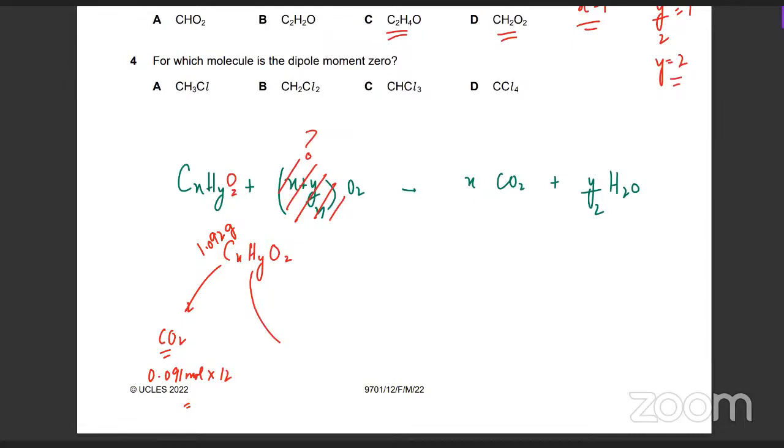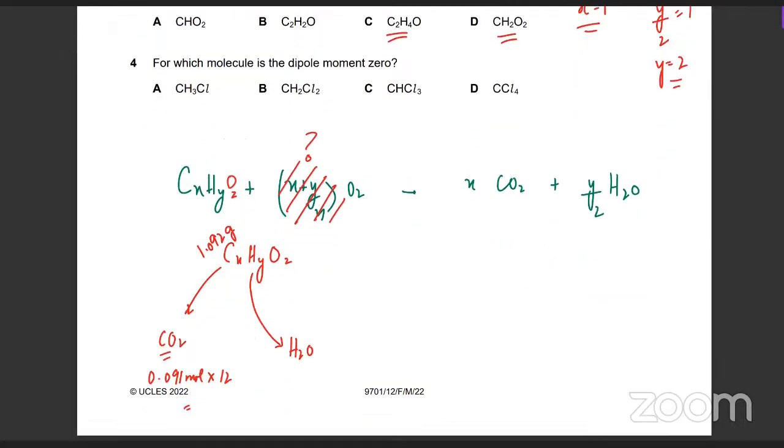Then similarly, we've had the water. Now all the hydrogen in water is coming from the molecule, right? So how many moles of water did we have? We had 0.091 moles. So I can figure out the mass of hydrogen. In one molecule of water, I've got 2 hydrogens, right? So I'm going to multiply it by the atomic mass of hydrogen only.